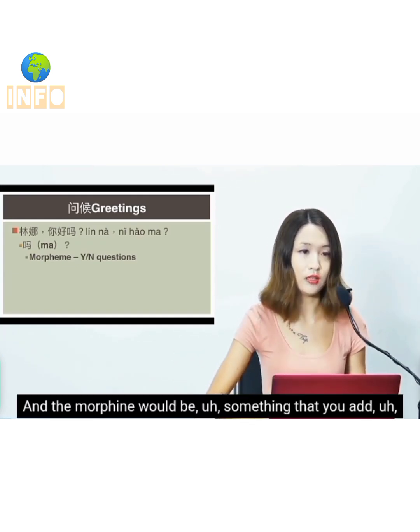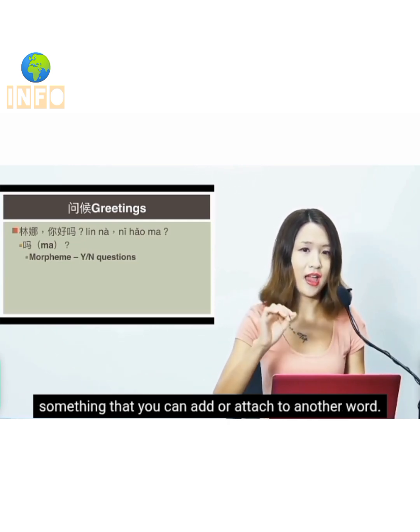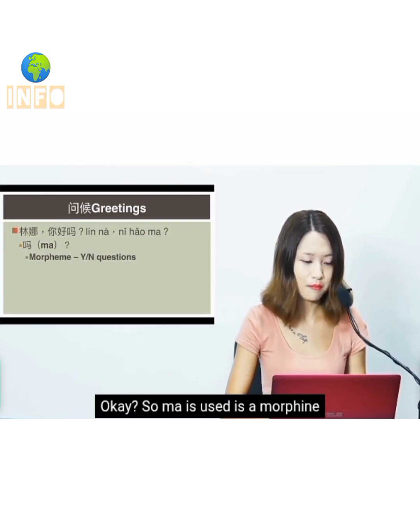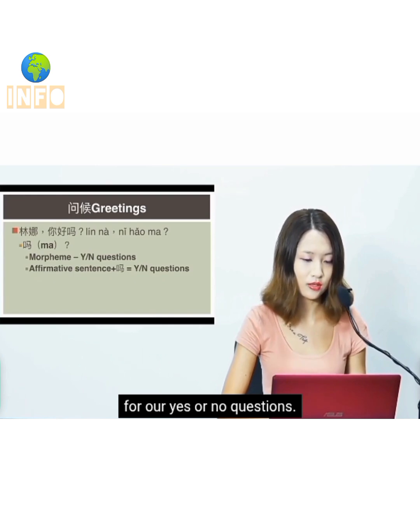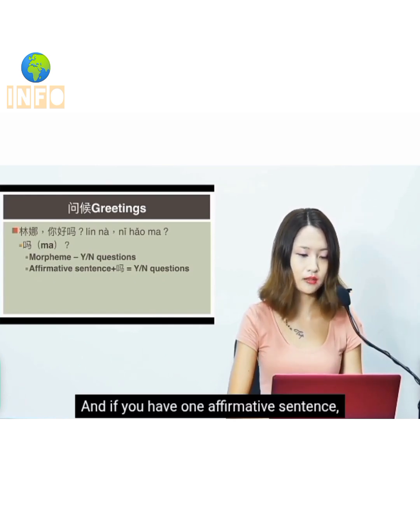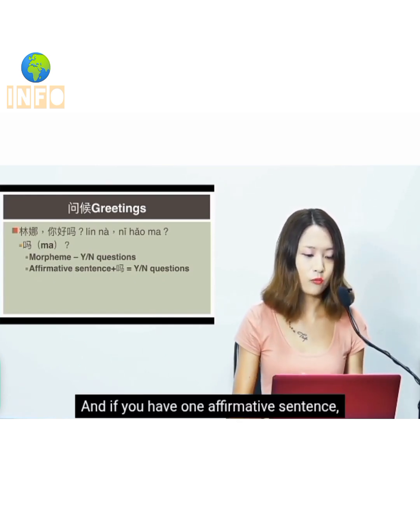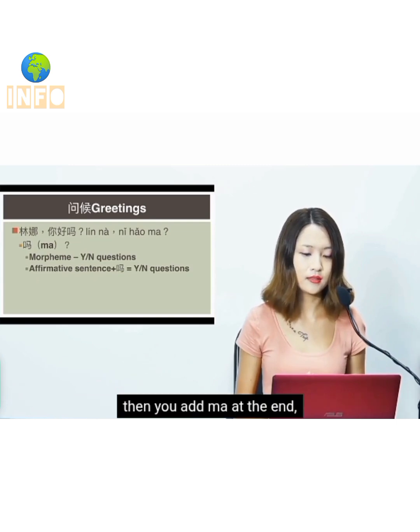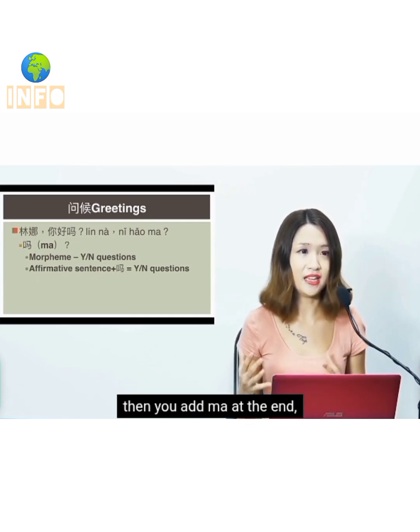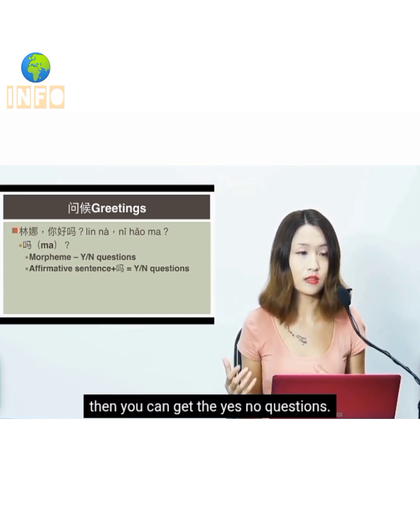And the morpheme would be something that you can add or attach to another word. Okay, so ma is a morpheme for our yes or no questions.